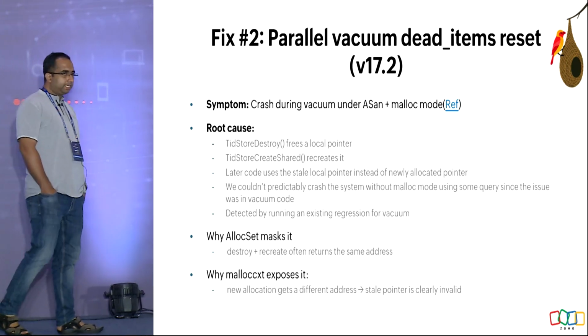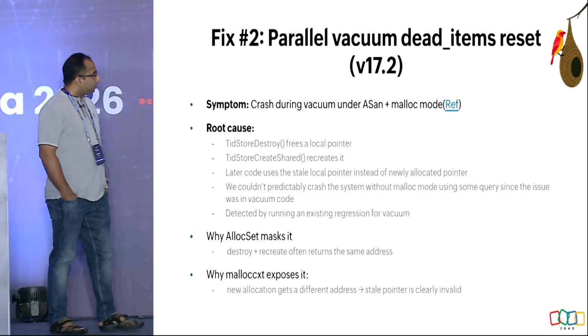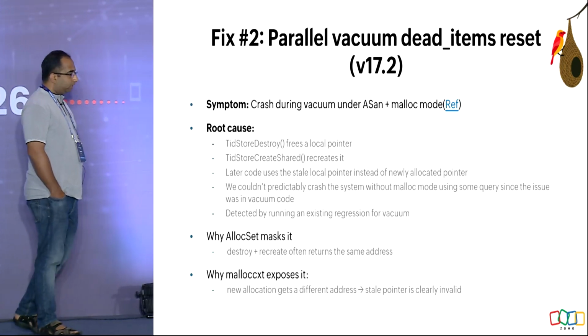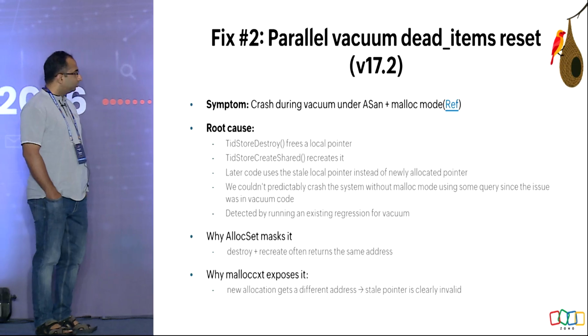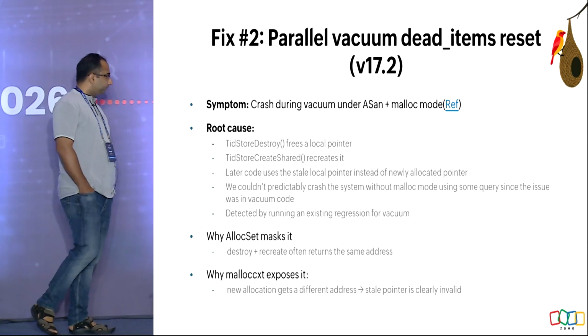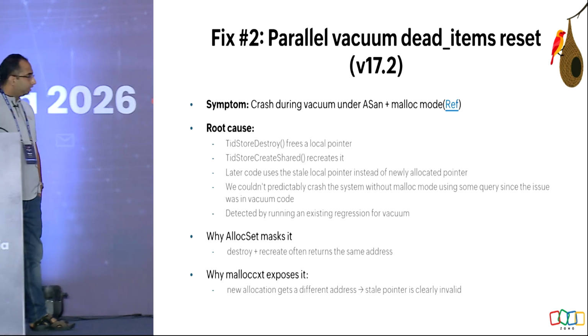We couldn't predictably crash the system, but with the malloc implementation we were able to exactly point out where the allocation happened, and it pointed to the exact issue. This issue was also fixed upstream.